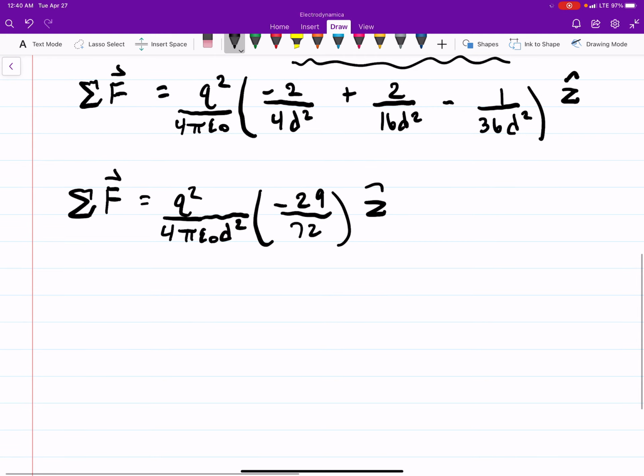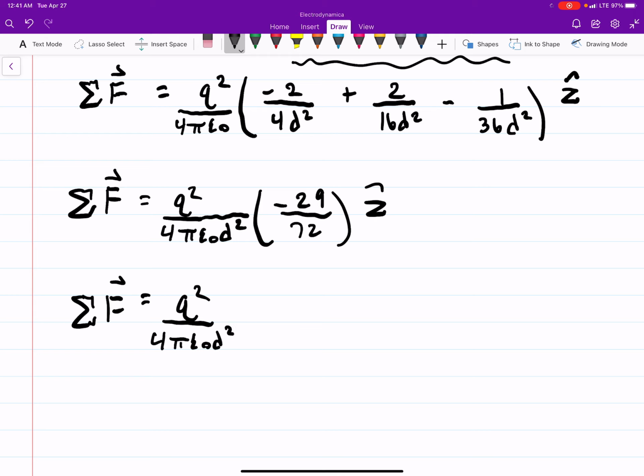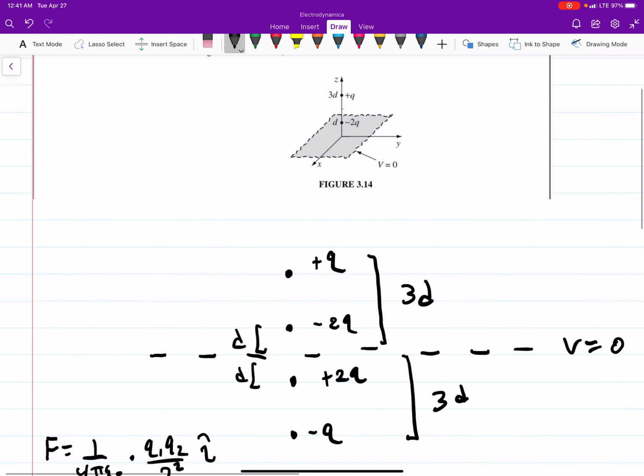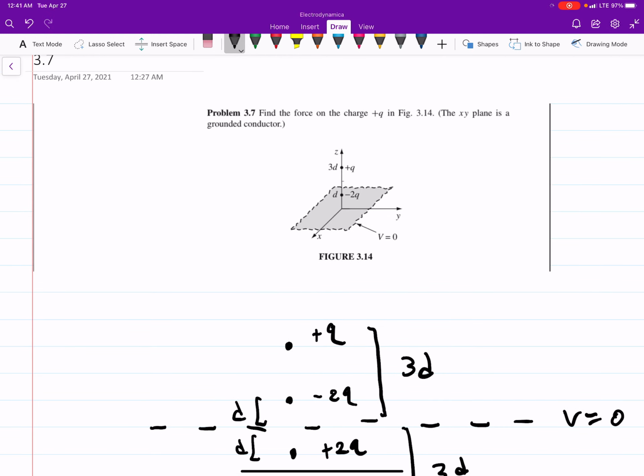Or just so our sign is clear, Q squared over 4 pi epsilon naught D squared times 29 over 72 in the negative z-hat direction. So this shows that this charge has a net force down, it's actually going to accelerate in the negative z direction. So that's all there is when we're doing the method of imaging.